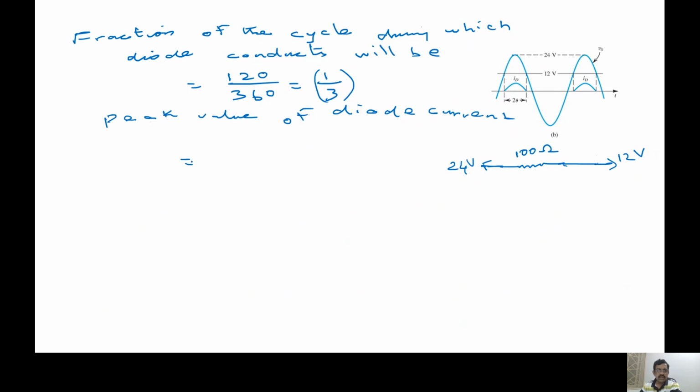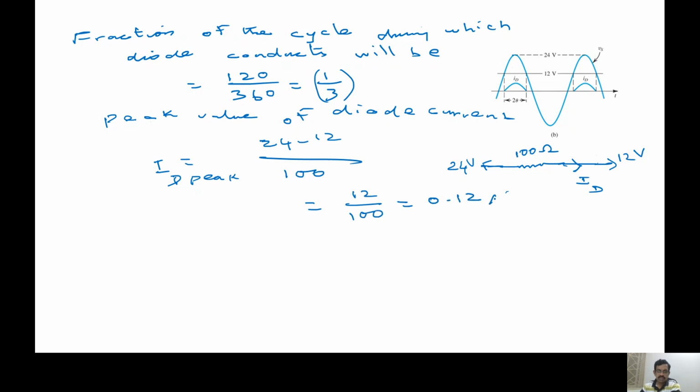So the peak current, I_D peak, will be 24 minus 12 divided by 100. That will be equivalent to 12 by 100, or simply 0.12 ampere. So that is the peak diode current.